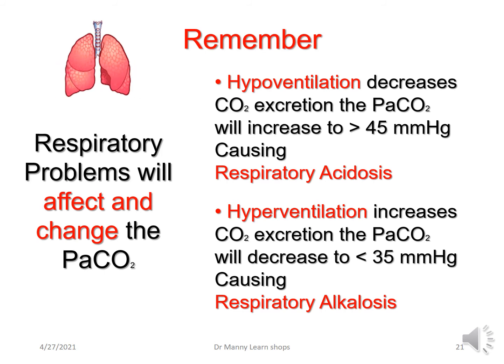A respiratory acidosis which causes an acidemia. If you're hyperventilating, this increases CO2 excretion, and the PaCO2 will decrease to less than 35 millimeters of mercury, causing a respiratory alkalosis. You're hyperventilating.